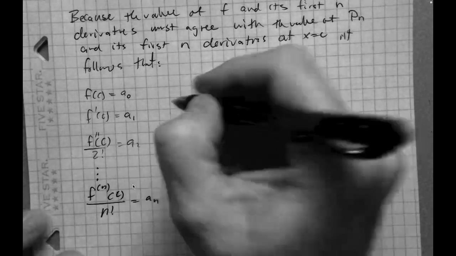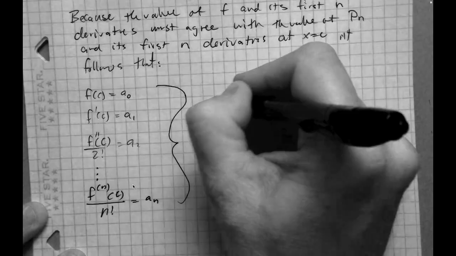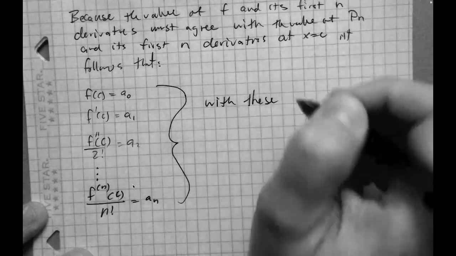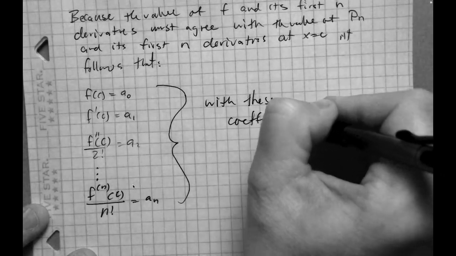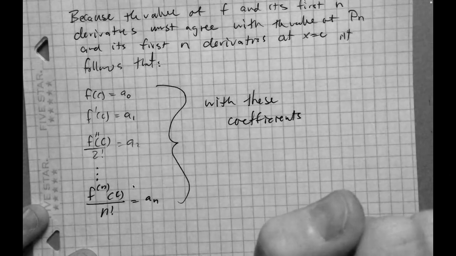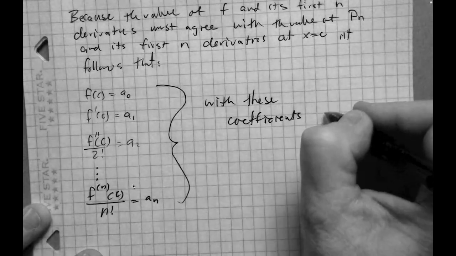Okay, so with these coefficients, we can define the Taylor polynomials.